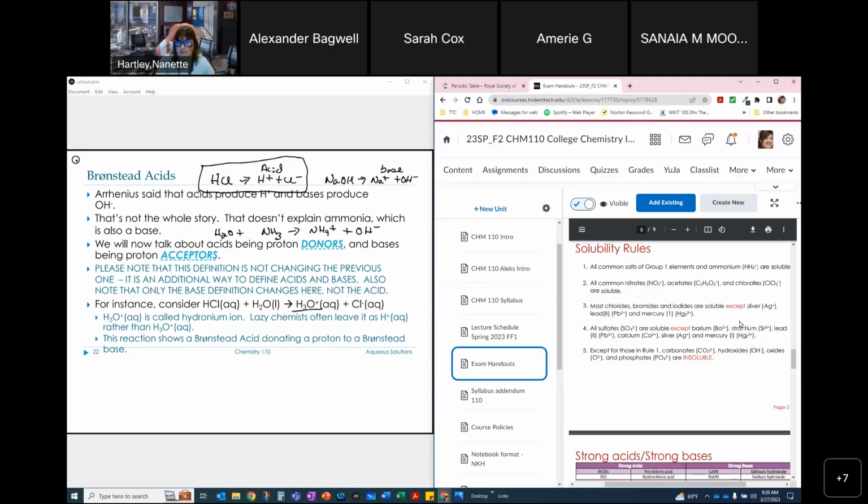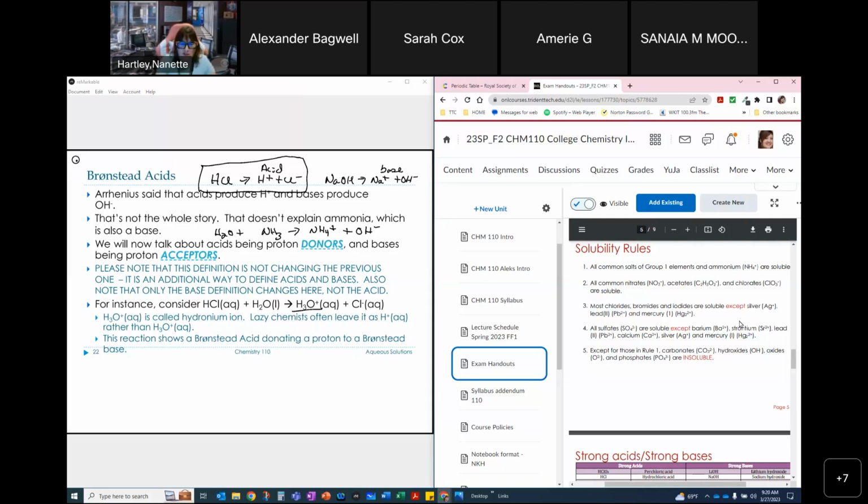But chemists are lazy. When we know that there's a water associated with that proton, we really aren't often that interested in the fact that it's associated with a water. So we show this as just going to the H plus and assume that people know that H plus is the same as that hydronium.